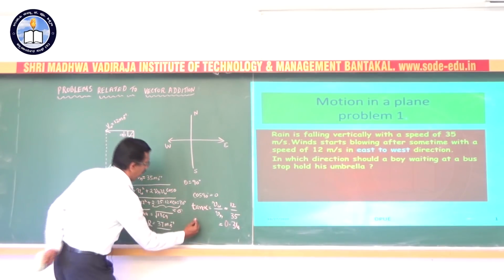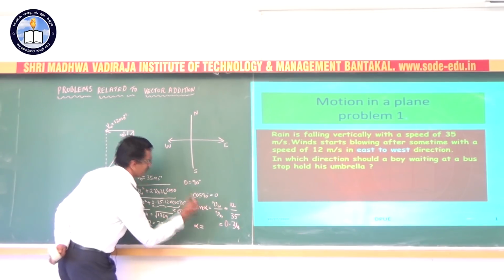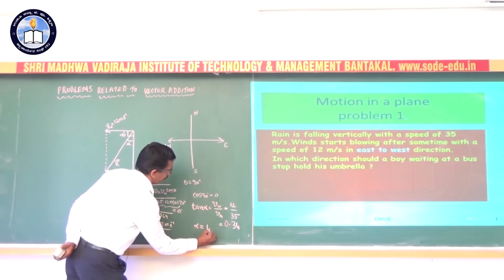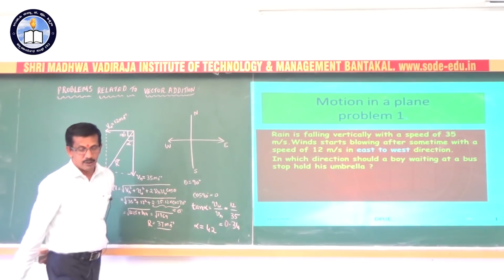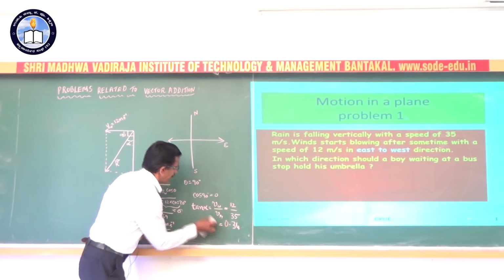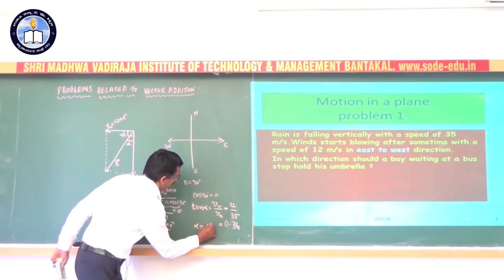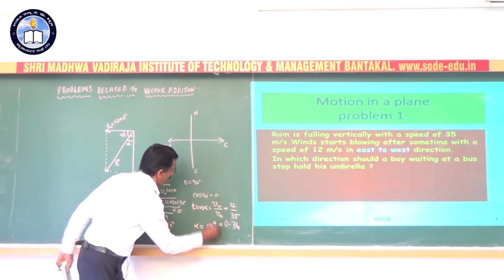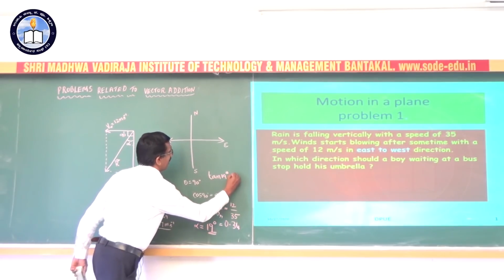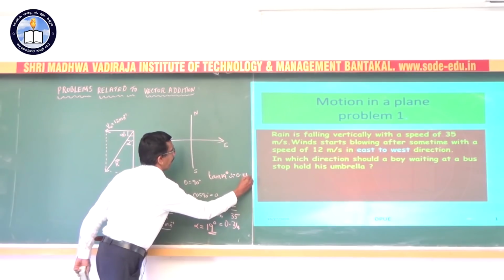So, alpha is nearly... sorry, alpha is nearly 19 degree, because tan 19 degree is nearly 0.34.